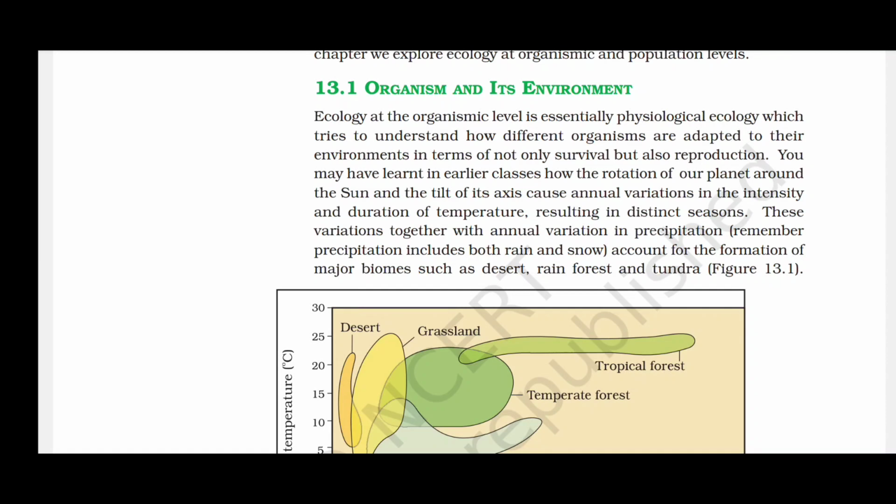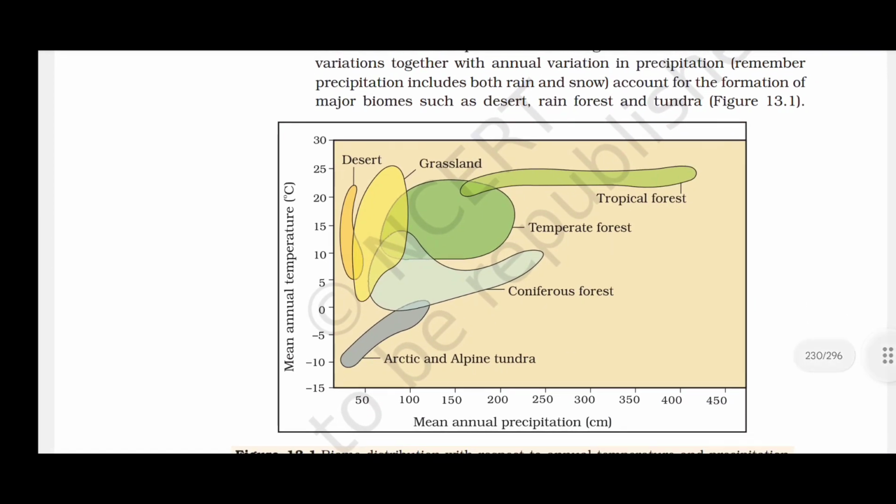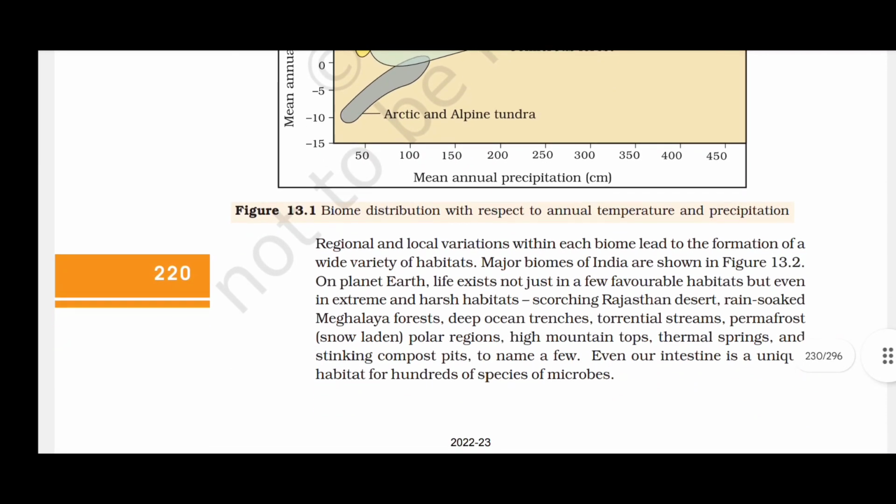These variations, together with annual variation in precipitation — remember, precipitation includes both rain and snow — account for the formation of major biomes such as desert, rainforest, and tundra, as shown in figure 13.1. Regional and local variations within each biome lead to the formation of a wide variety of habitats. Major biomes of India are shown in figure 13.2.